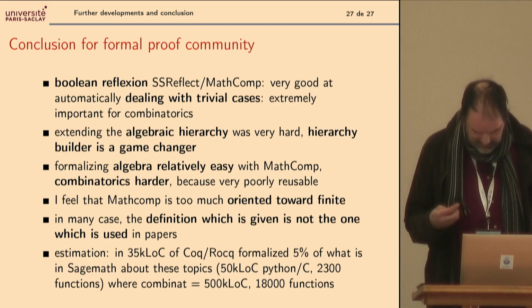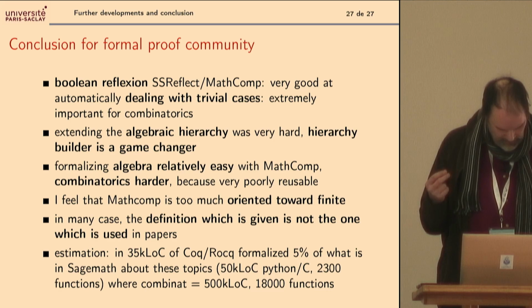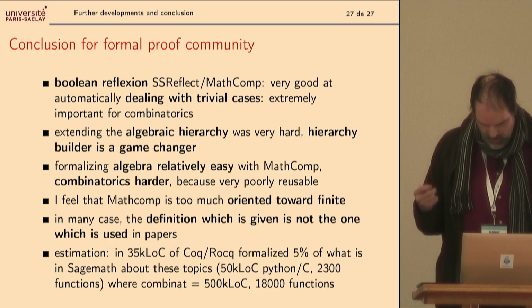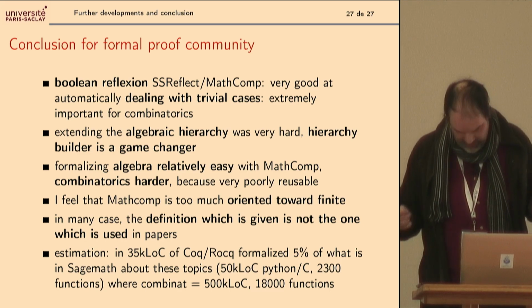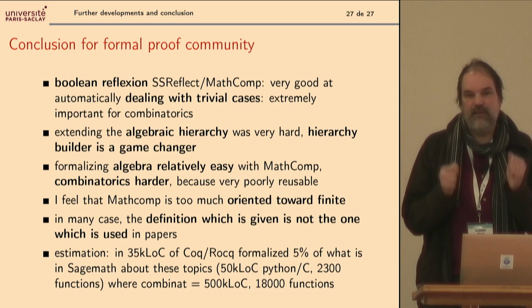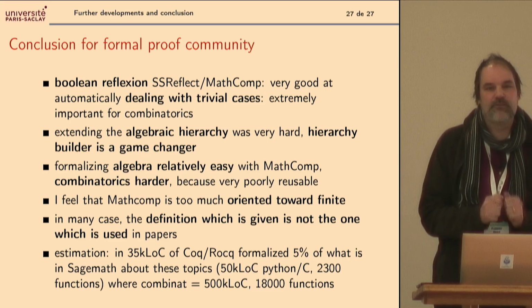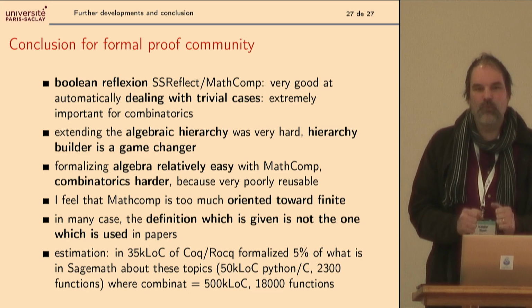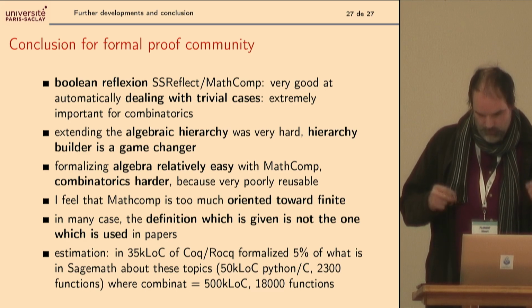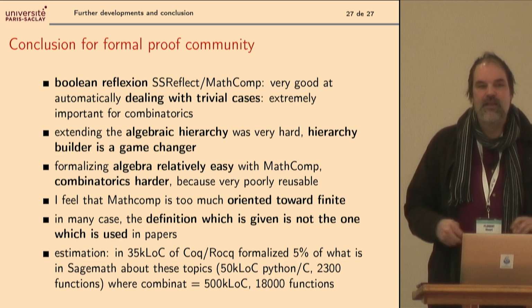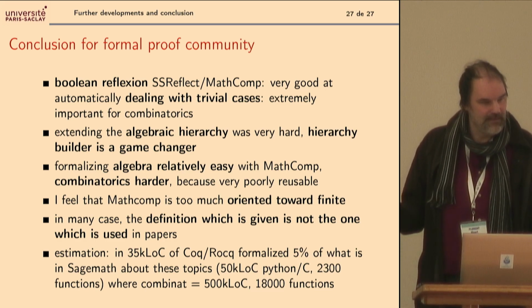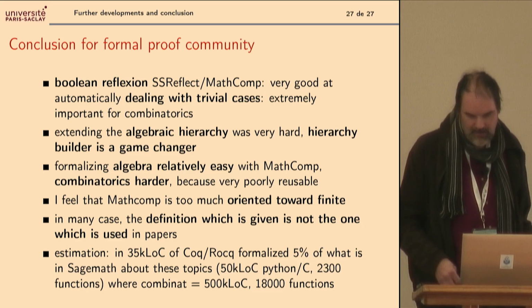However, there is something which was not so helpful. Mathematical Components is very oriented toward finite things. In particular, all sets are supposed to be finite, and if you want to deal with a finite set, you must be inside a finite type. So it was not so good for combinatorics.